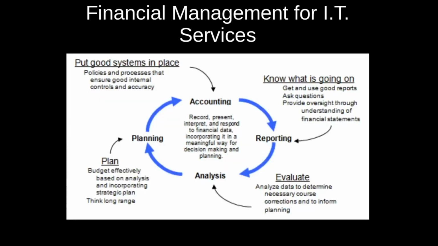So this is kind of just a model of what we're talking about. You start with your planning, you go through your accounting processes, which is to record and analyze, and then you go into your reporting, and then you cycle back through your analysis of your changes.